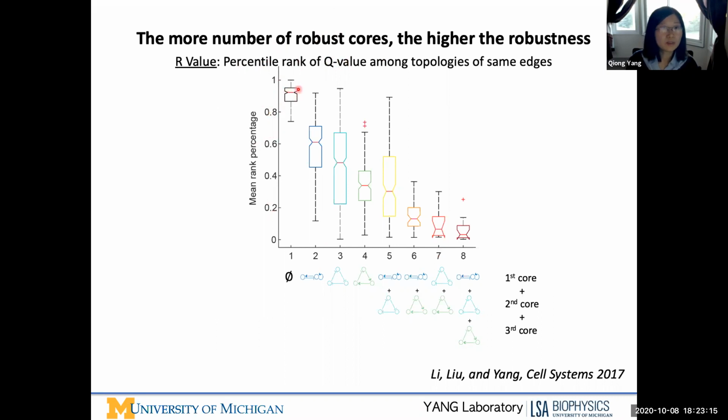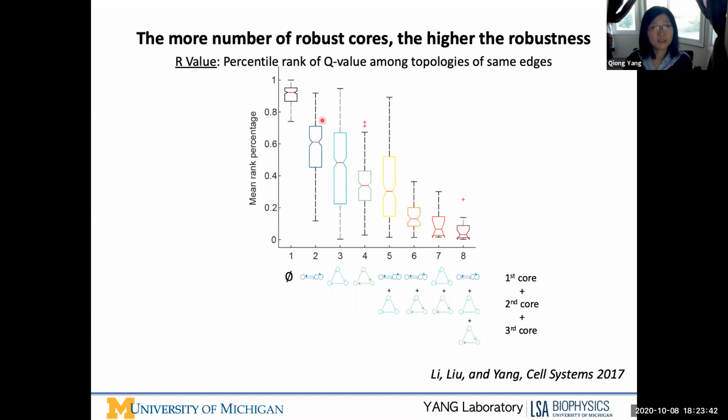So the very left, the first group, again, contains none of the robust cores. And indeed, on average, they are the least robust group compared to all the others. And also the trend seems to follow what we expect. Basically, the more robust cores you have, the more robust that whole group is.